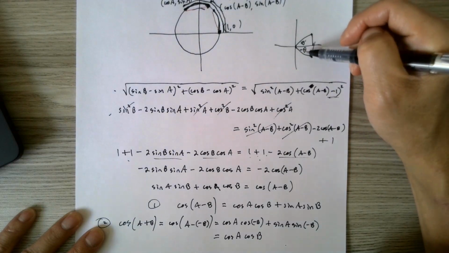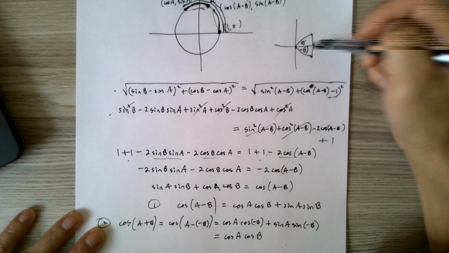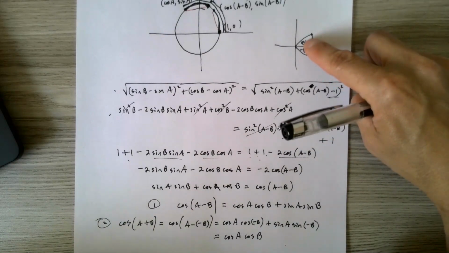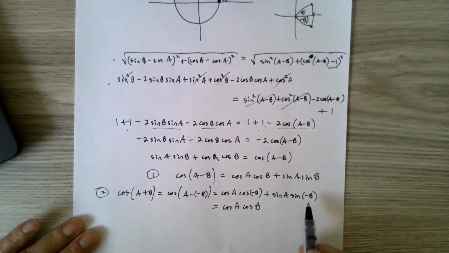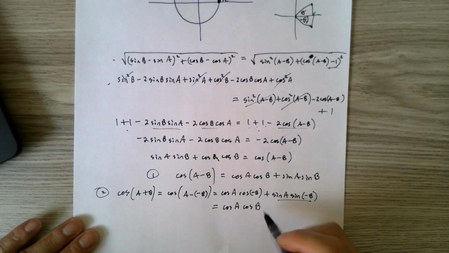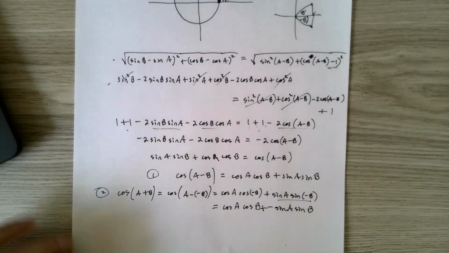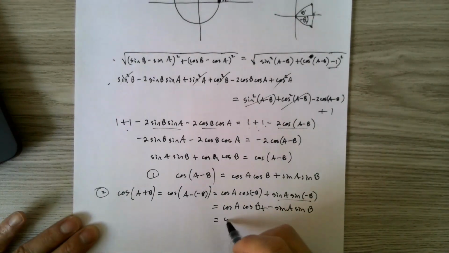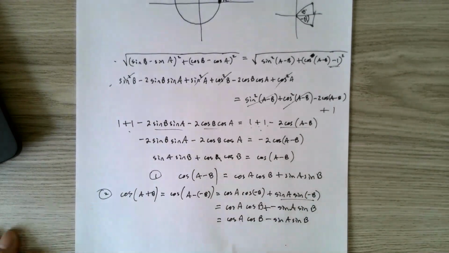Those two are not going to have the same sine value, but the sine value of this one is going to be exactly the negative sine value of the one in quadrant 1. So that means I can express this as minus sine A sine B. And there's my second identity.